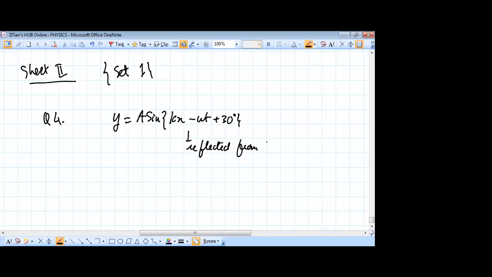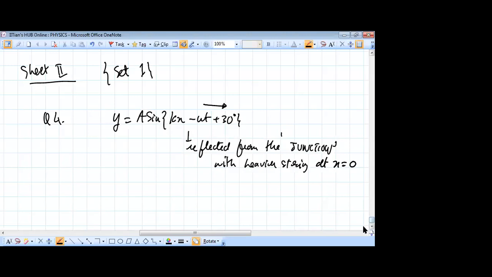from the junction with the heavier string, and that junction is at x equal to 0. Now notice that this is a wave traveling along the positive x direction and getting reflected from the origin.